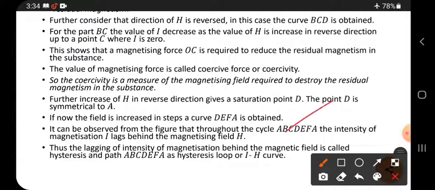Throughout the cycle, the intensity of magnetization I lags behind the magnetizing field.